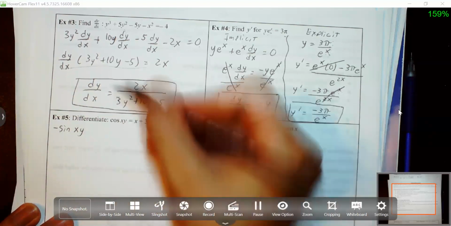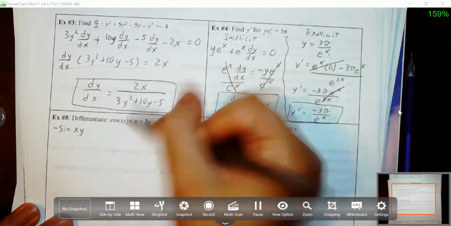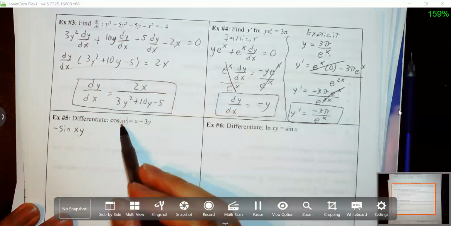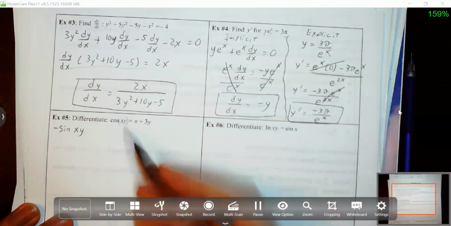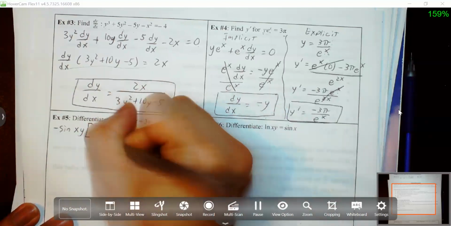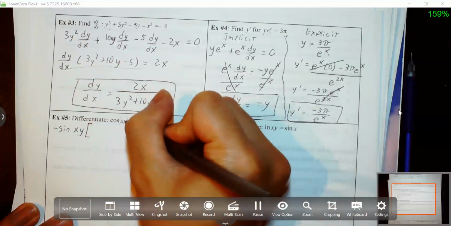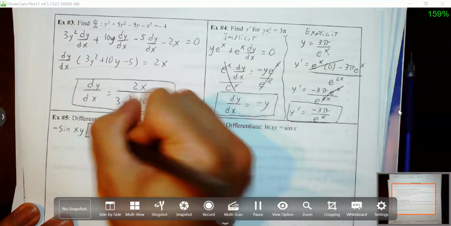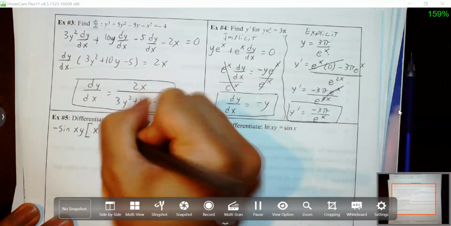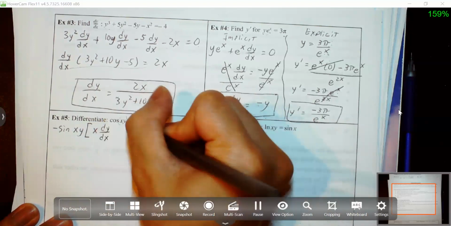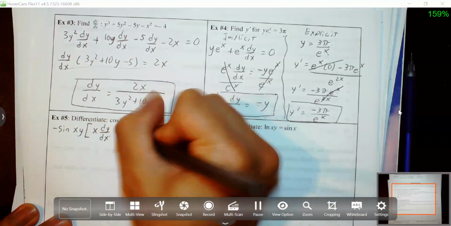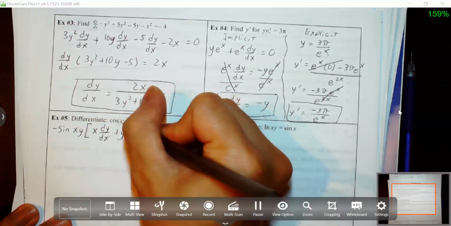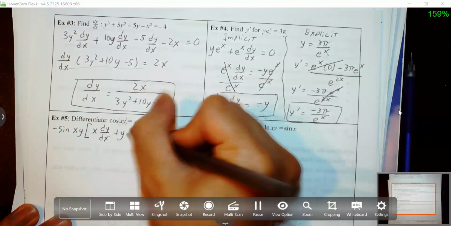If I'm going to do a chain rule on the inside, I see I have x times y, so that means I have to do the product rule. So first times the derivative of the second is x times dy dx, because the derivative of y is dy dx, plus the second, which is y, times the derivative of x, which is just 1. So I'm just going to leave that as y.